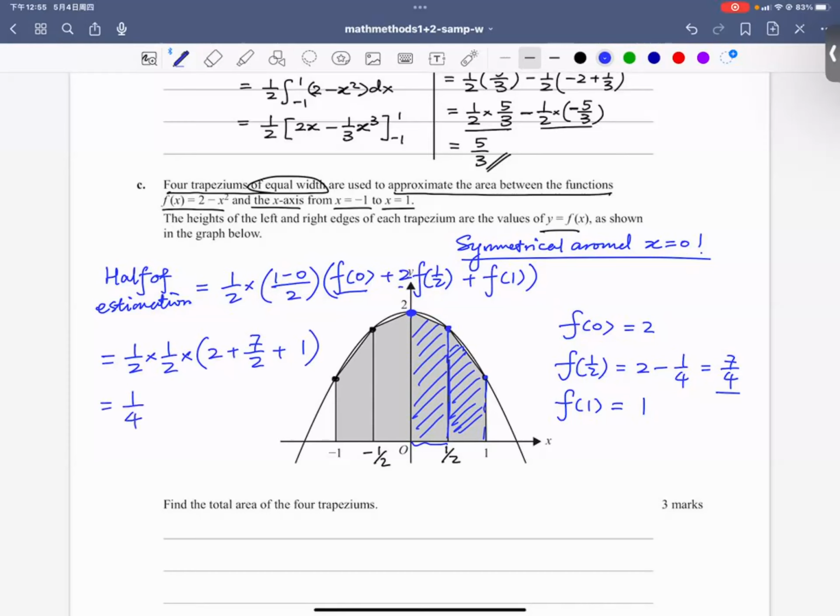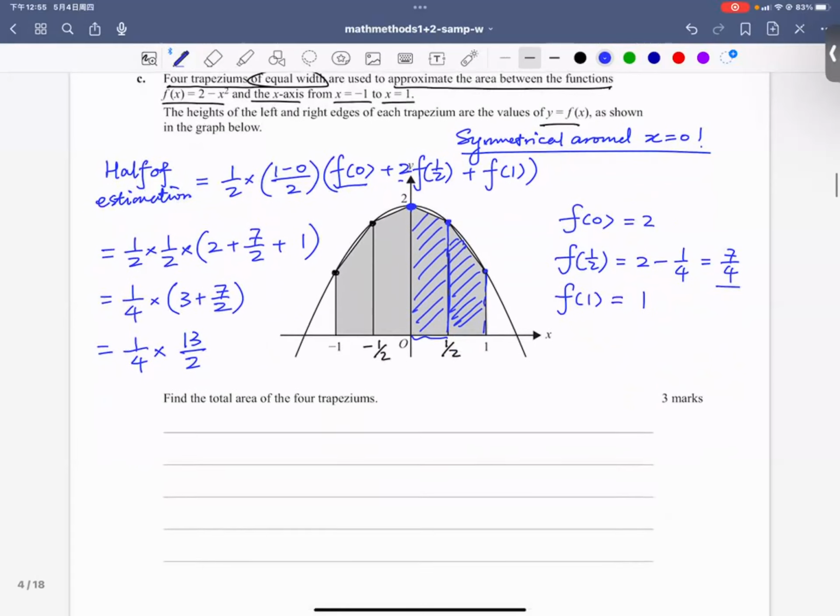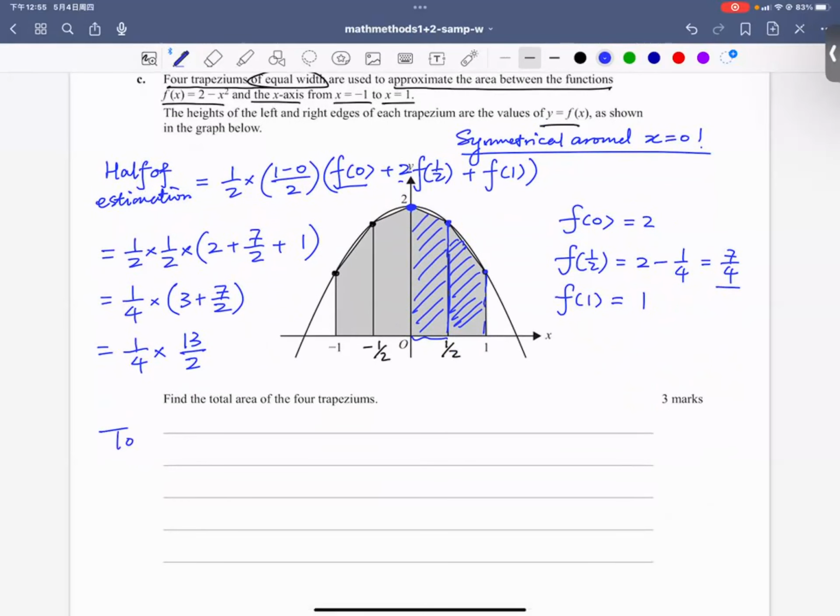So it's a quarter times 3 plus 7 over 2. So I will get a quarter times 13 over 2. But total estimation equals to twice half of estimation.